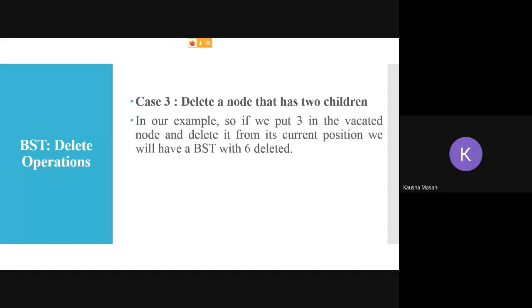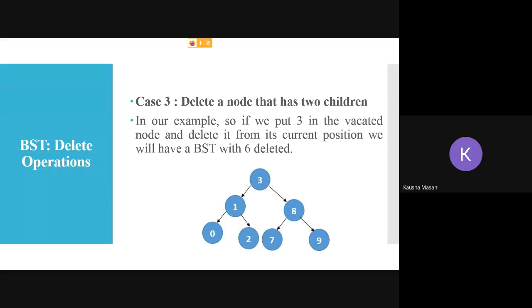So this is how the end result will look. 3 is now the root node, with 1 and 8 as its child nodes. Again, 1 and 8 have the subtrees 0, 2, and 7, 9 respectively. Got it? Did you get the concept for deleting the node that has 2 children?